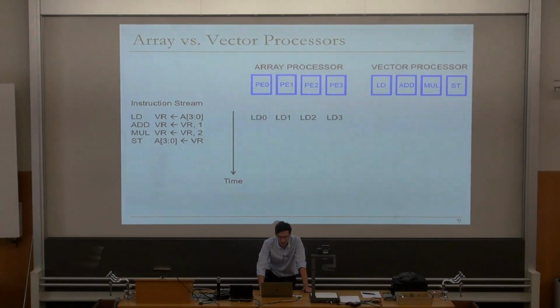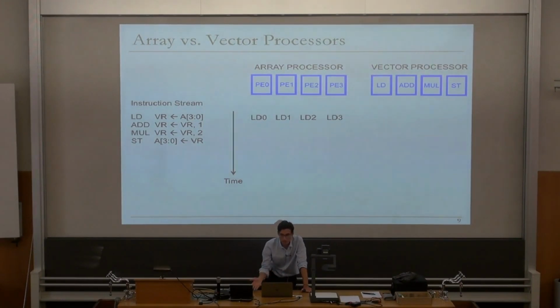In an array processor, the very first instruction that we will issue in the first cycle is the load instruction. As you can see, the 4 processing elements that we have in the array processor are executing the same instruction on different elements, because we have 4 elements, 0, 1, 2, 3.